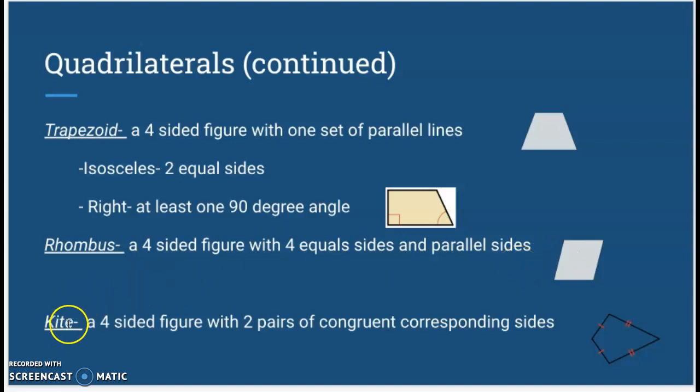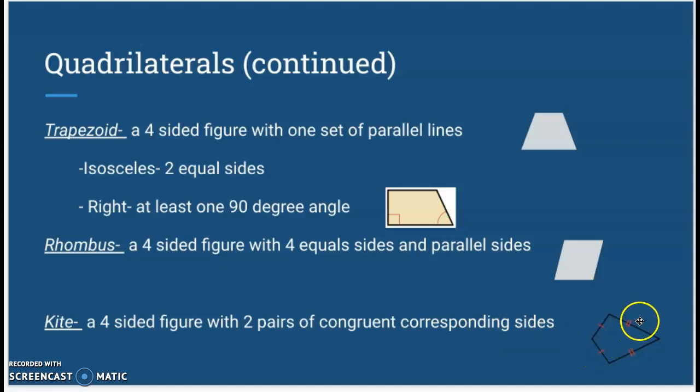My last one on here is a kite. A kite is a four-sided figure with two pairs of congruent corresponding sides. We haven't had this word corresponding yet, so let's talk about what that means. Corresponding means that they are next to each other. So we've had parallel sides which are opposite of each other, but we haven't had corresponding, which means next to each other.